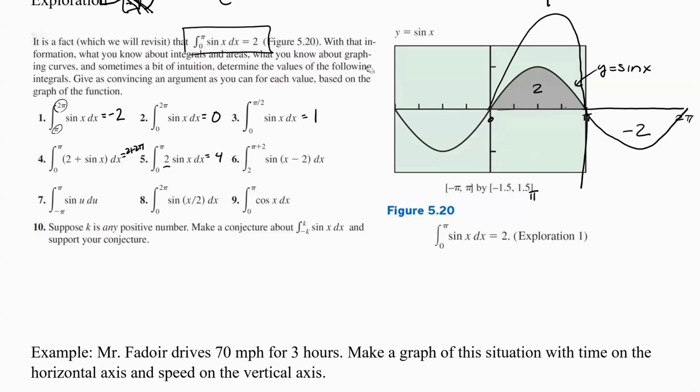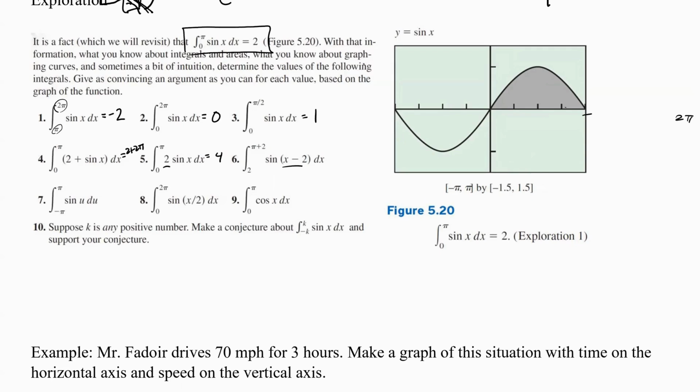Okay. Getting trickier now. Sine of x minus 2. Meaning we're now talking about a curve that has been shifted. How is it being shifted? It got shifted to the right 2 units.